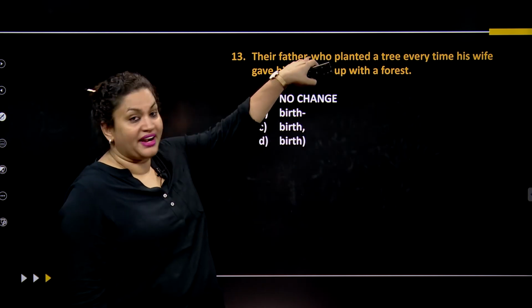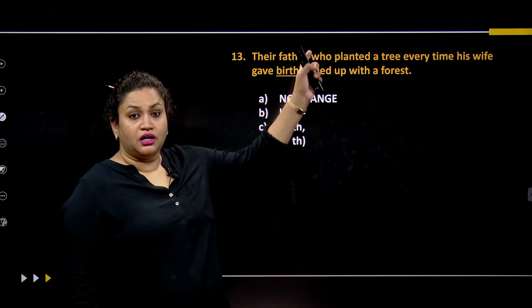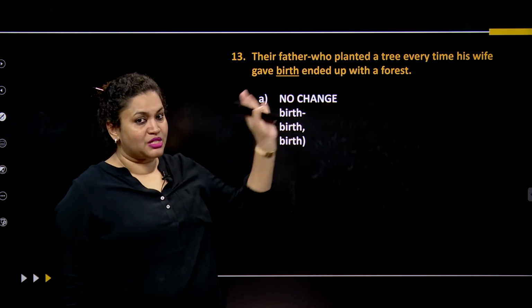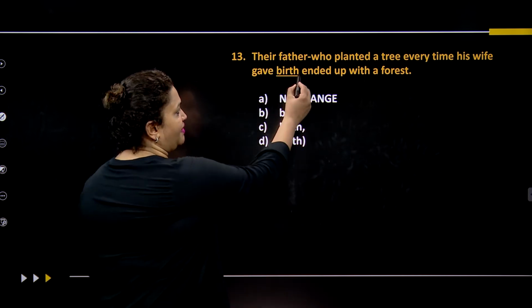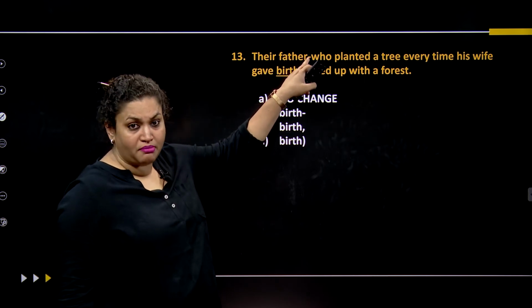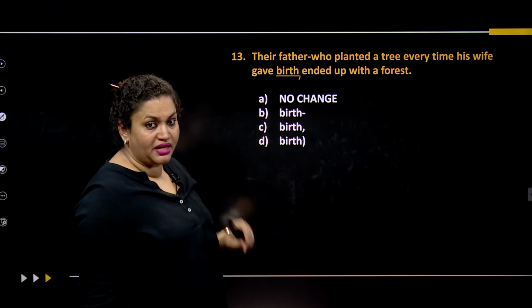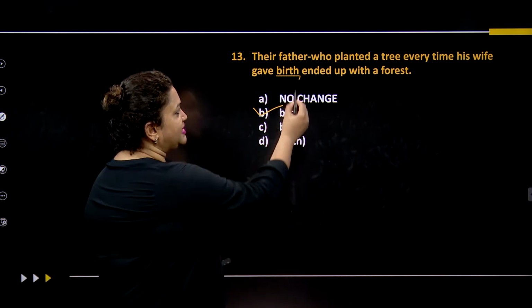Now here you should have had a comma, but he had put a dash. So always understand, who planted a tree every time his wife gave birth, and here it ends. So you should have a comma here if there was a comma there. But because there is no comma there, you cannot put a comma here. Therefore, B has to be the right answer. You have to go with a dash here.